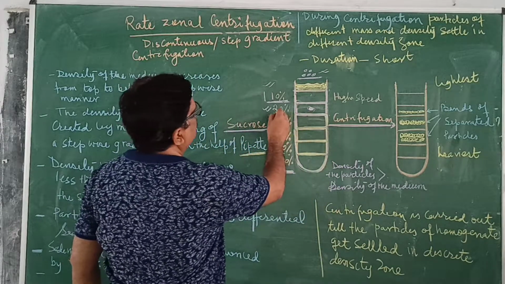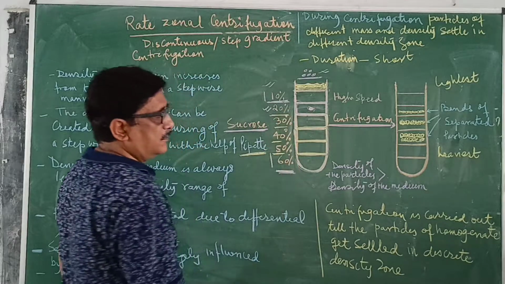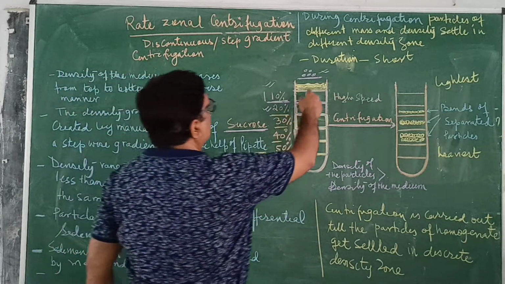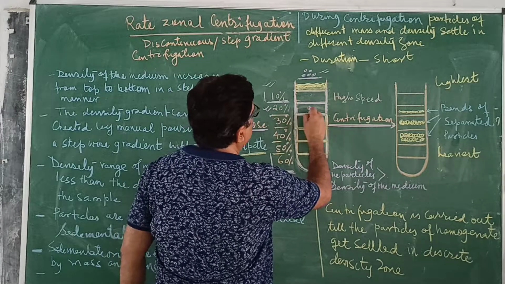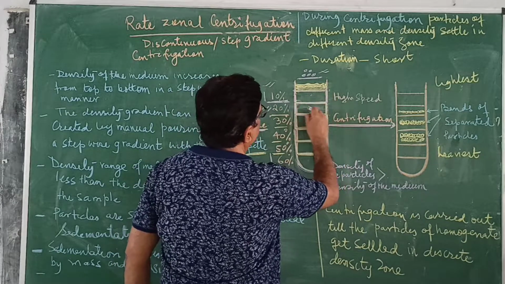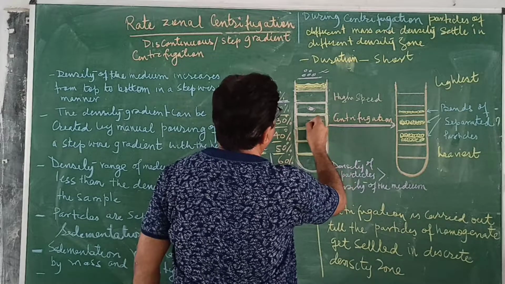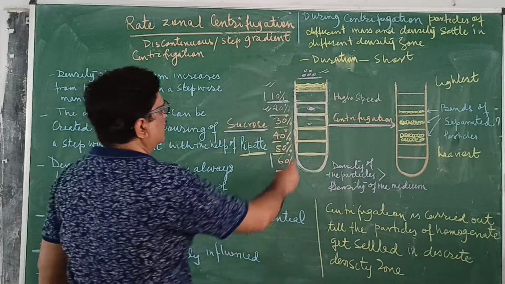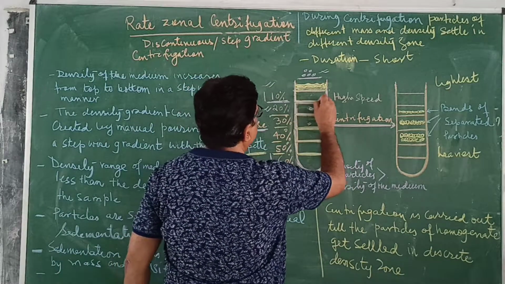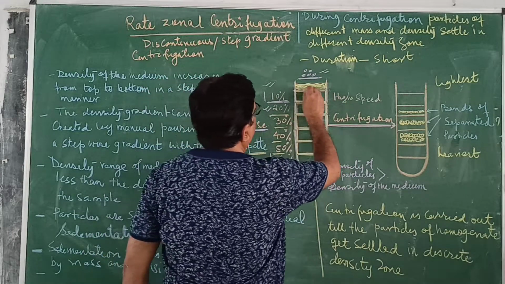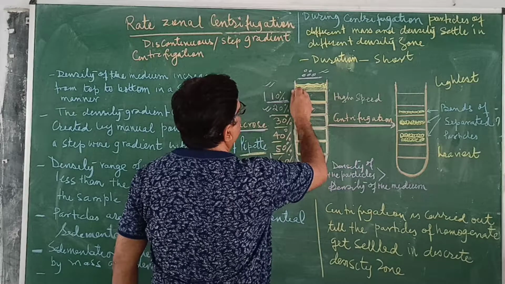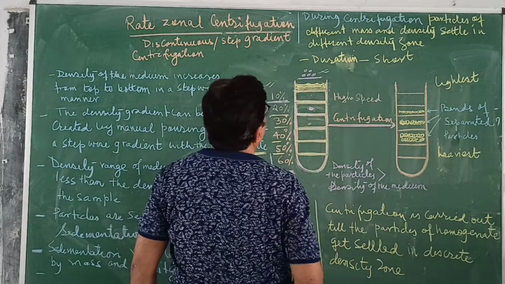In the next step, 20% sucrose is poured into the test tube. It will settle over here, forming a zone over the 30% sucrose, and lastly 10% sucrose is poured into the test tube, and it will form a layer over here.